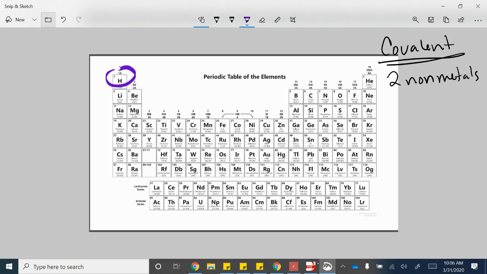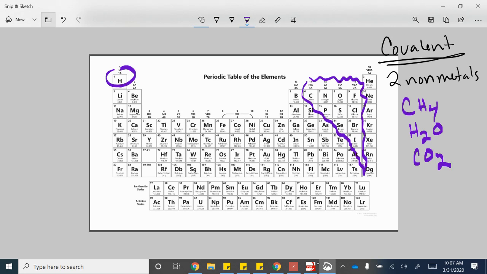So inside the purple, any of those ones, we could have carbon and hydrogen, right? And that would be a covalent bond. H2O is a covalent bond. CO2 is a covalent bond. Those are all examples of covalent bonds because it's between at least two nonmetals. So the compound is only made up of nonmetals.